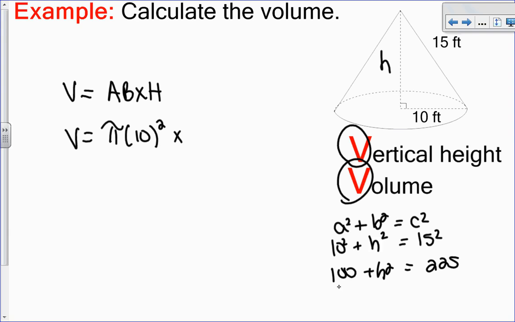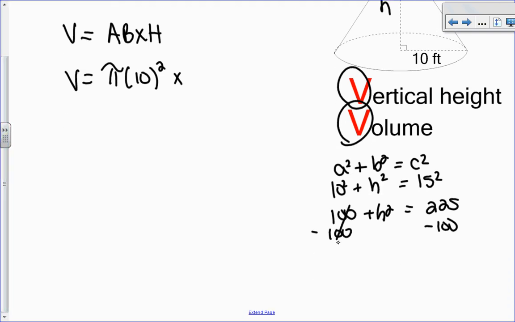So I want to get h squared by itself, so I will subtract 100 from both sides. And then I get h squared equals 125. And to find the height, I just take the square root of 125. So square root of 125 on my calculator, and I get 11.18. So I'll just put it up here, 11.18.